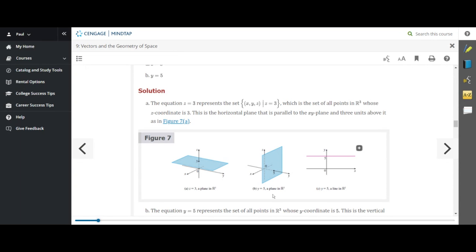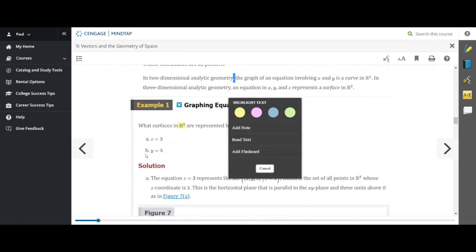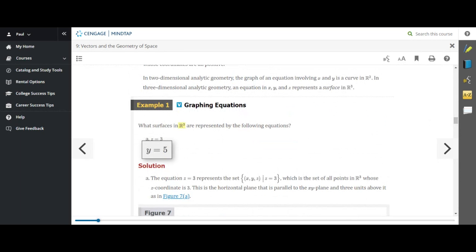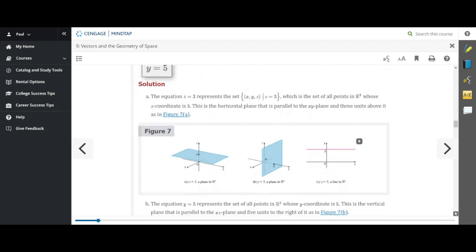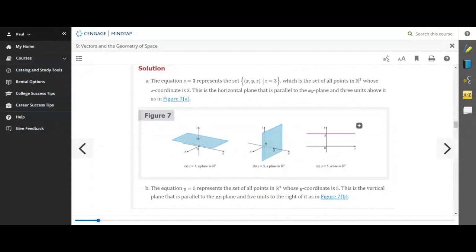Now, if we consider the plane y equals 5, you're used to thinking about y equals 5 as a horizontal line. In two-dimensional space, y equals 5 is a horizontal line that's 5 units above the x-axis. But in multivariable calculus, y equals 5 is actually a vertical plane.